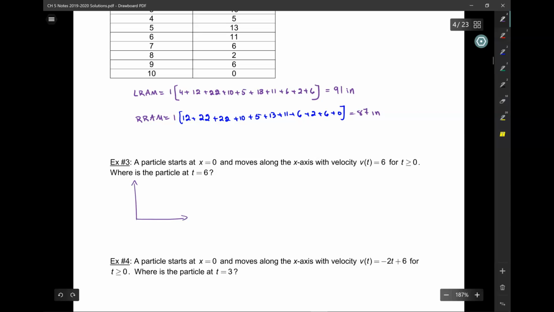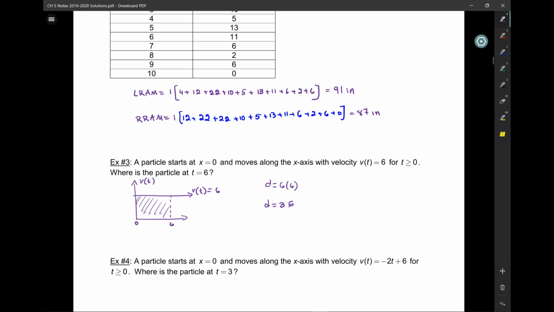It's a constant velocity of 6. It starts at 0 and it goes until 6. You want the distance that it traveled, right? The distance that it traveled in the 6 seconds is 6 times 6, 36.